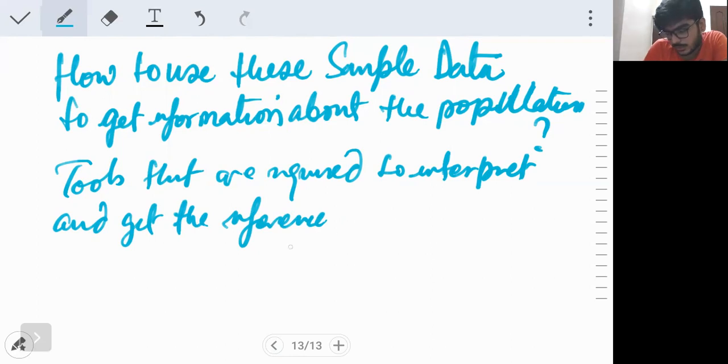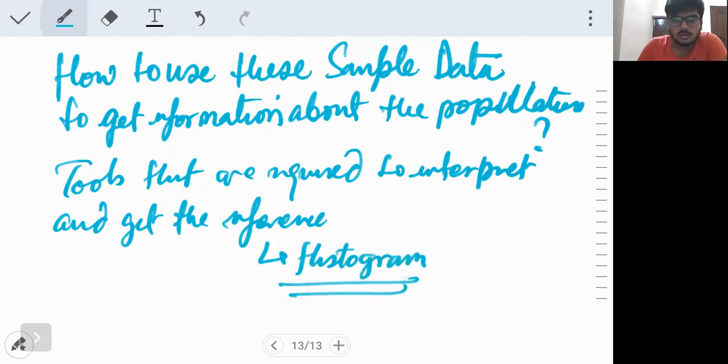One of the tools that we will be discussing in the next class will be the histogram. Let me brief you about the histogram a bit.